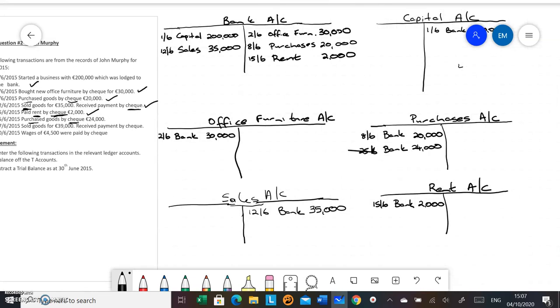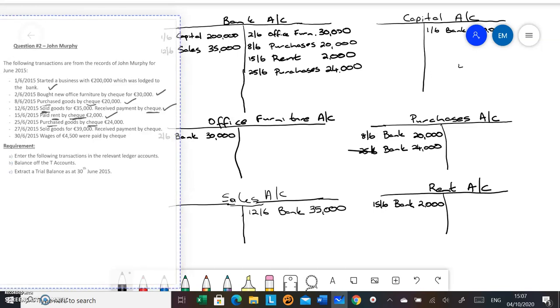And again, straightforward, you'll credit your bank. And you should always leave sufficient space for your T accounts. So that is the transaction for the 25th of June completed.